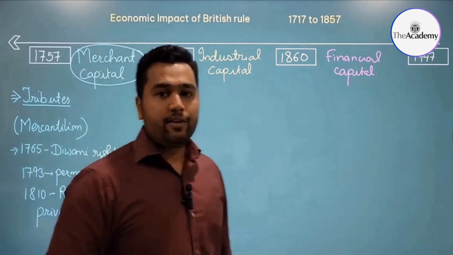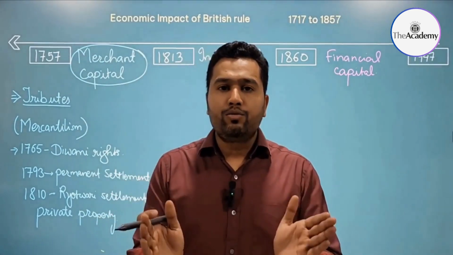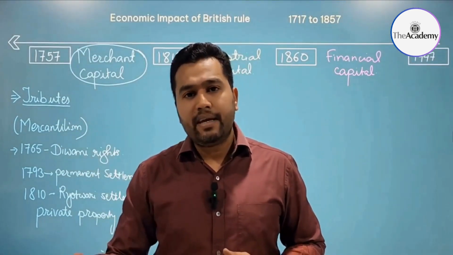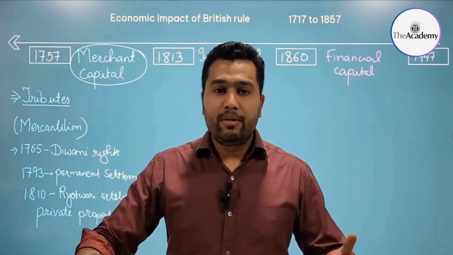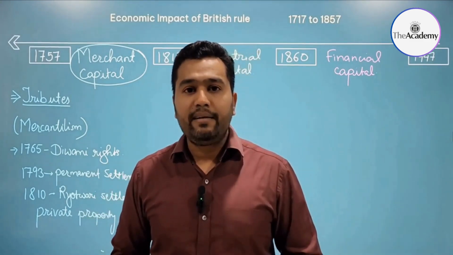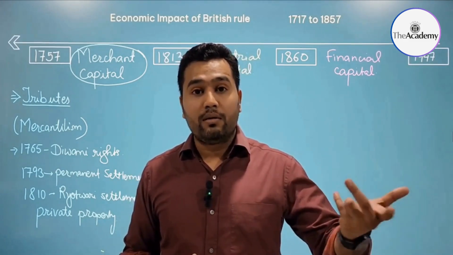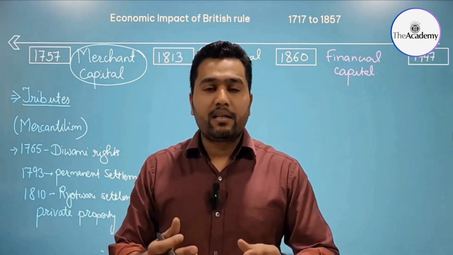Prior to the advent of British, land belonged to the community. So the peasants had customary rights over the land. The tribals had customary rights over the land. The intermediary, whether it is Chaudhary, Khoot, Mukaddam, or any Zamindar, acquired a customary rank.